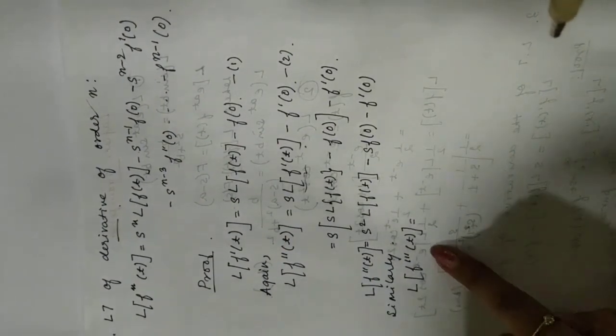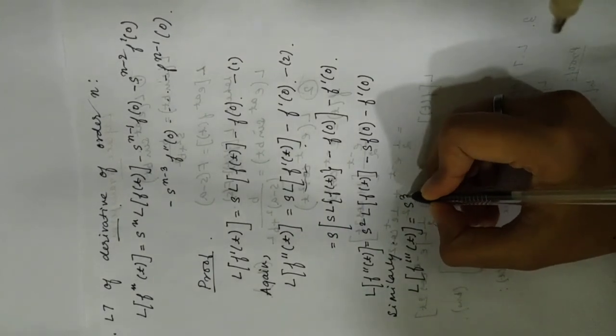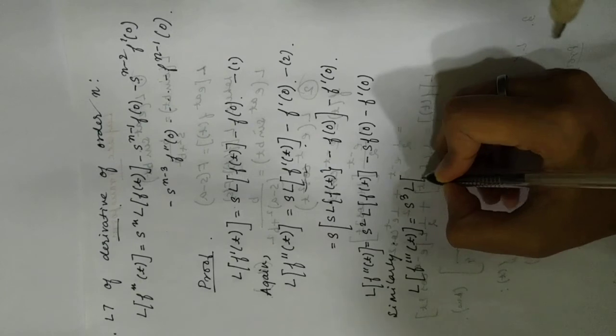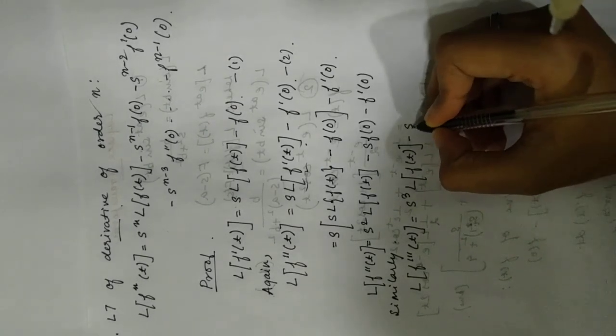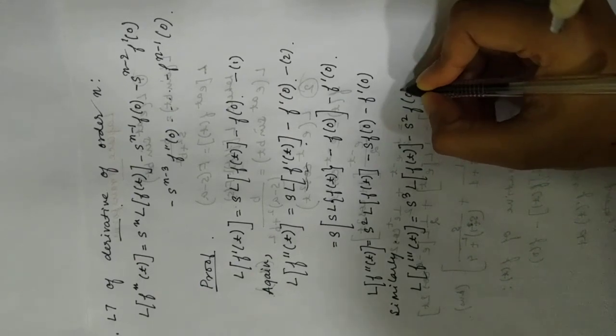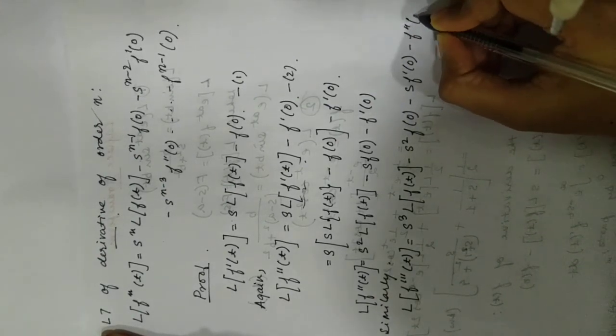If you do the exact same steps, what it will come up to is s cube Laplace transform of f t minus s square f0 minus s f prime 0 minus f double prime 0.